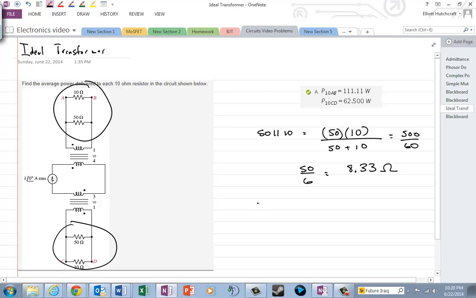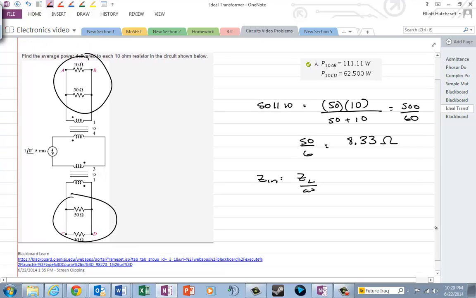Now we know that we can take the formula Zn equals Zl over A squared to move the impedance that's on the output side of a transformer to the input side of the transformer. So our A here is 1 to 4 on this side and 1 to 3 on this side.